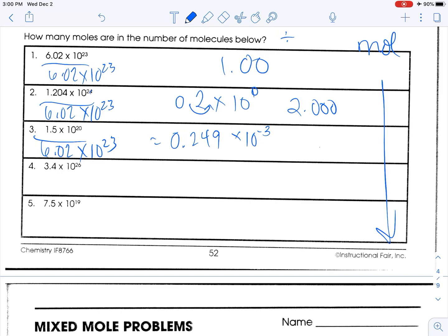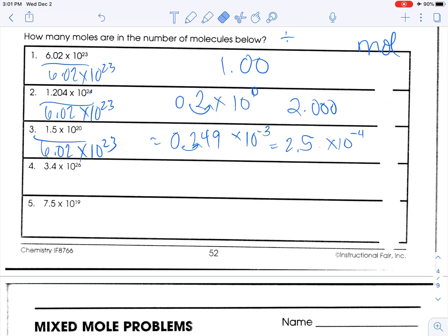So this number in the front is not between 1 and 10, essentially. So move that over. So I get 2.49. That's multiplying by 10. So I need to divide by 10. So that gets smaller to the -4. So that's also not proper sig figs. This should be 2.5 because it's going to round to 2 sig figs. 2.5 times 10 to the -4.